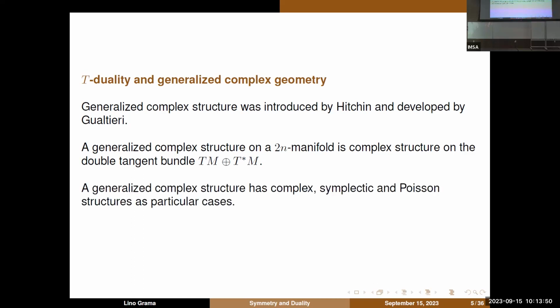And a generalized complex structure has complex, symplectic, Poisson structures as particular cases. This encompasses a lot of structures in one big structure, let's say.